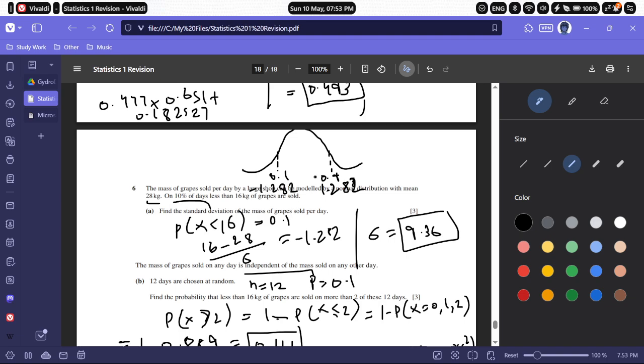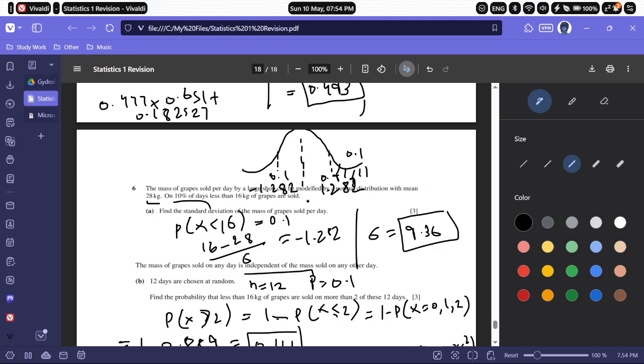Because of symmetry, the z value for 0.1 would be minus 1.282. That's how it works, because think about it in terms of area. The area covered up to 0.1 is 0.1, and it's symmetrical. This area over here is also 0.1, but on the opposite side of your mean.